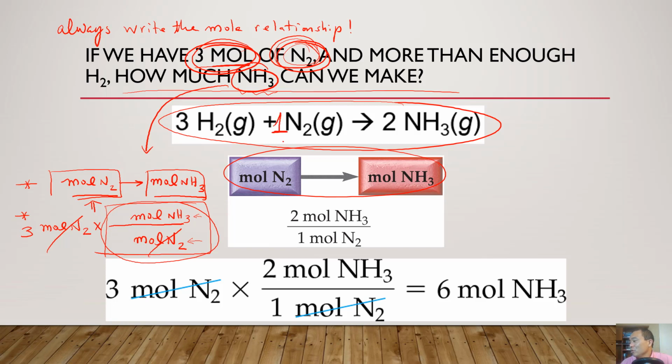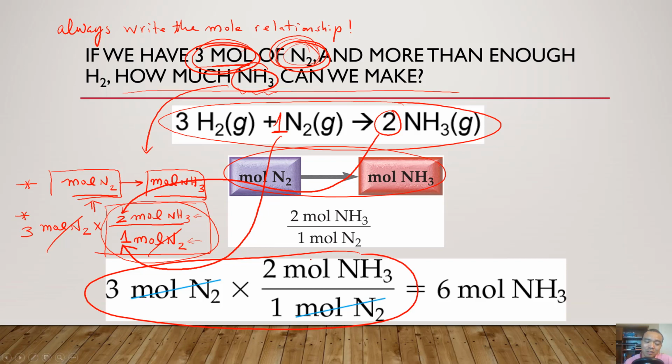That's where you get that 1. What about ammonia? Ammonia is 2 moles. So you get the ammonia from the balanced equation. That's exactly why you have the answer key listed as this. So eventually you find out you have 6 moles of ammonia produced from 3 moles of nitrogen with enough hydrogen.